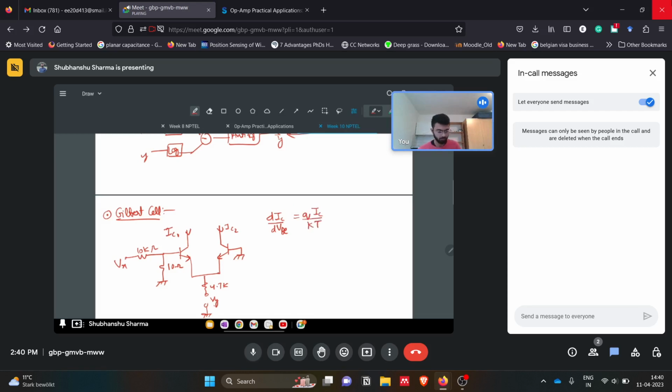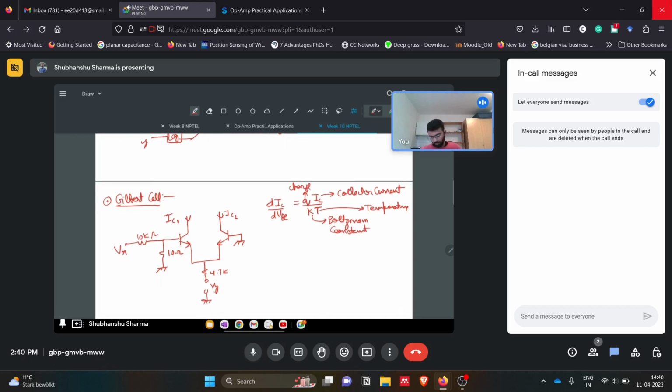Where K is Boltzmann constant, T is the temperature, IC is the collector current, Q is the charge. So this is the main equation.